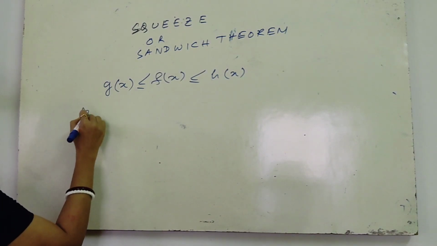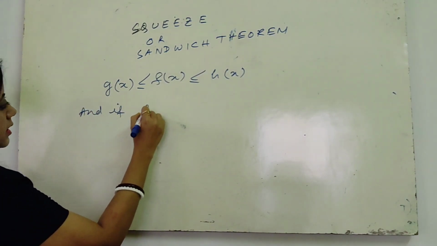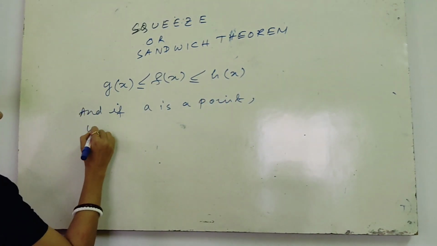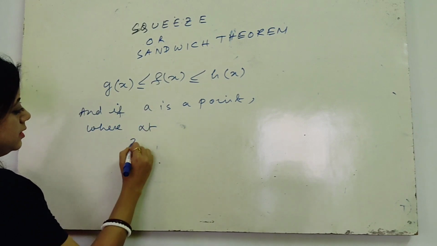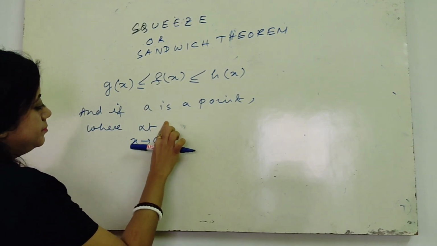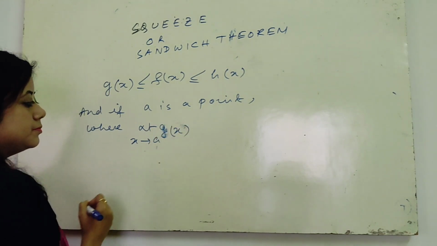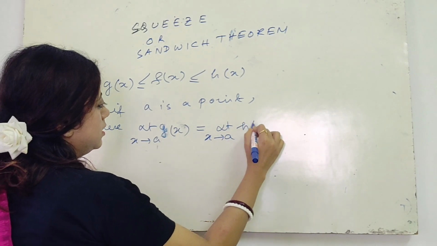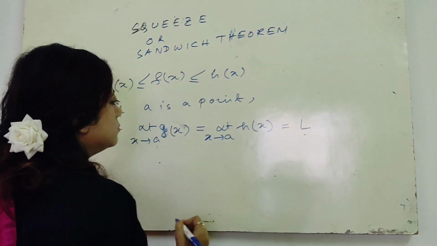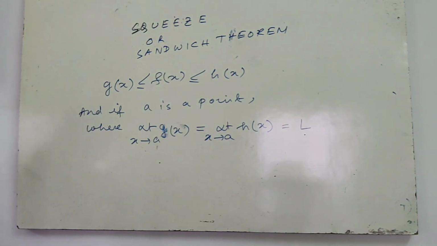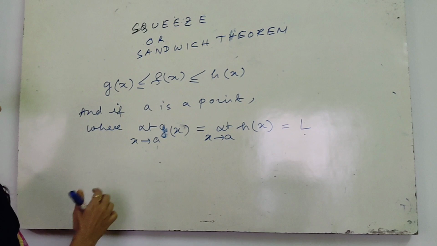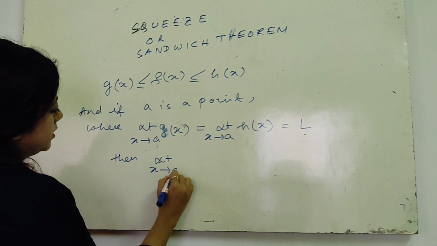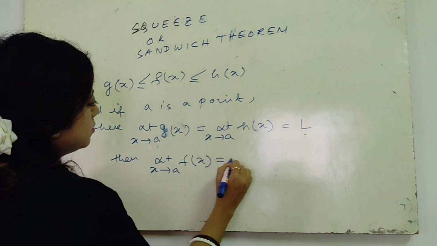And if a is a point where the limit as x tends to a of g(x) equals the limit as x tends to a of h(x) equals something like L, whatever constant you can take, then the limit as x tends to a of f(x) will also be equal to L.